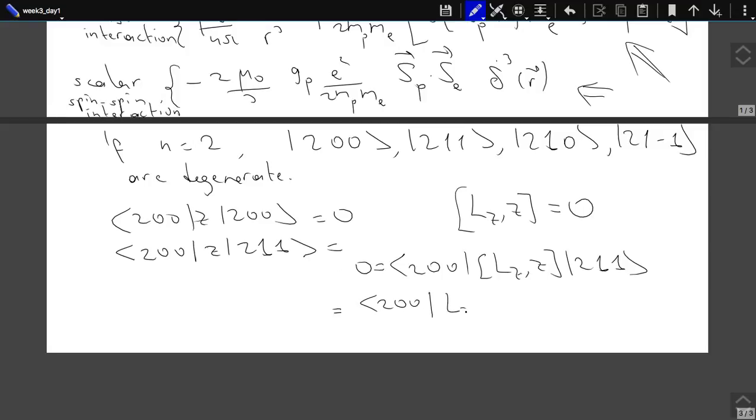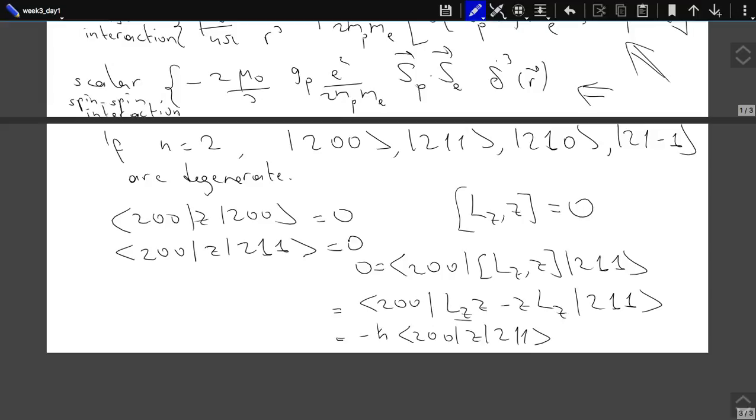If we write the commutator explicitly, Lz z minus z Lz. Well, Lz acting to the left just gives me 0, because m is 0. So this is equal to minus ħ <2,0,0|z|2,1,1>, and hence this matrix element should be 0.